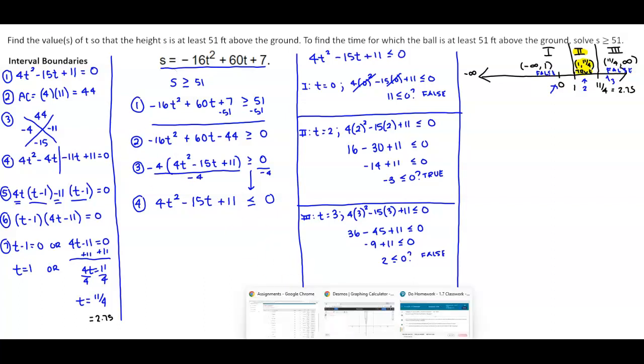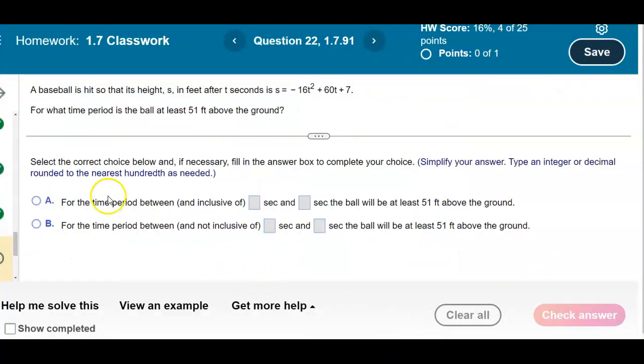So let's answer our question here. It's saying to select the correct choice below if necessary, and then fill in the answer box to complete your choice. So for the time period between the following seconds, will it be at least 51 feet above the ground? We need to figure out where it's inclusive and where it's not.